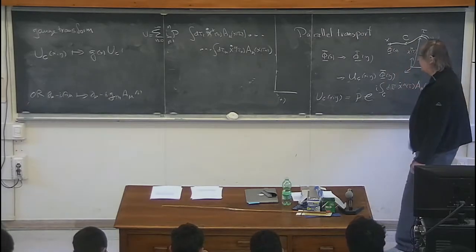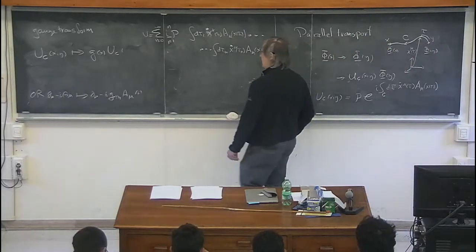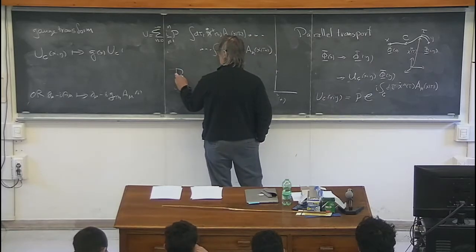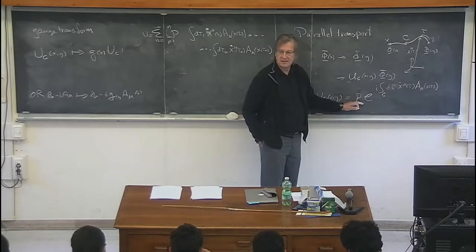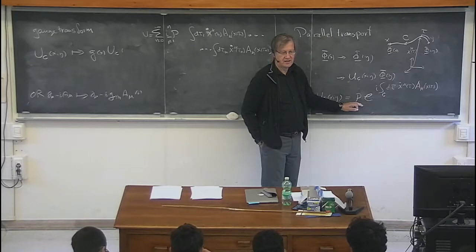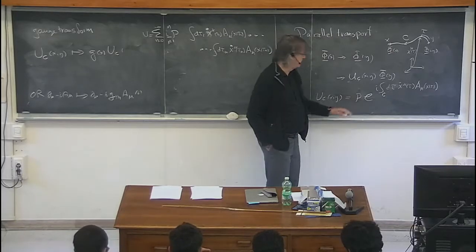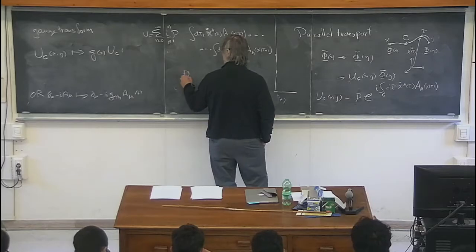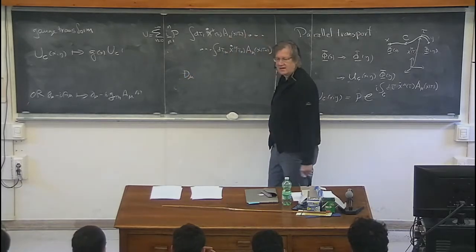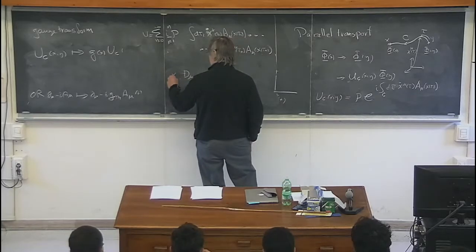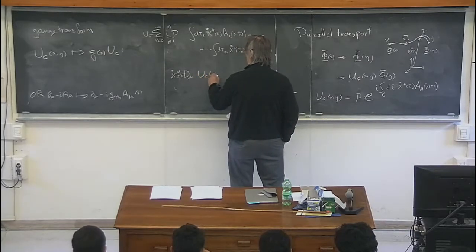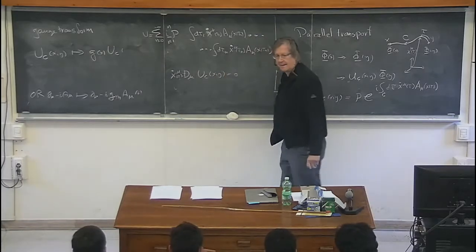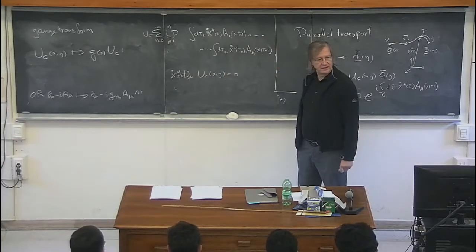And this path ordered thing is actually a solution of the following equation. You might wonder where one gets this. All right, I just dragged it up. But it is a solution of some equation. It's a solution of an equation that you get if you take the covariant derivative, project it in the direction of the path at the endpoint of the path, you require that this matrix obey an equation like this.